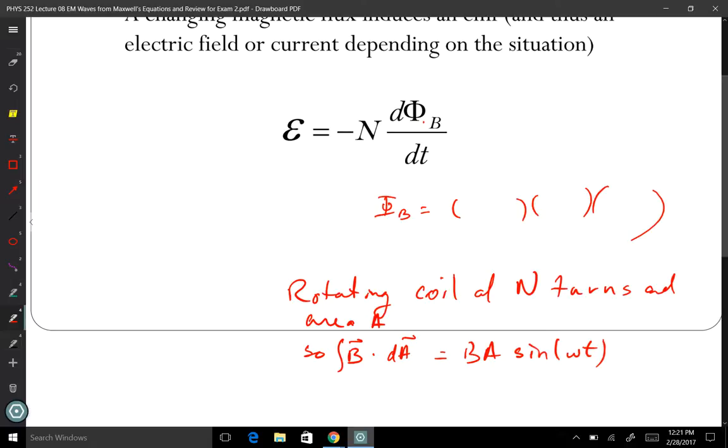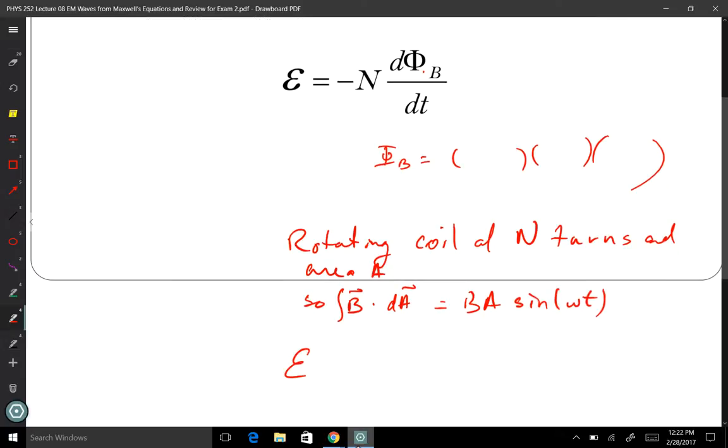If your flux is BA sine omega t, then you just take the derivative of that, and you'd have... Wouldn't it be NBA sine omega t? Oh, right, because my equation here had the N. You have to pay attention to that because sometimes you see it without the N, and you're including N in the flux. Sometimes you see it with the N, you don't also include the N in the flux then. Derivative of sine omega t is omega cosine omega t. And that would be the EMF induced.